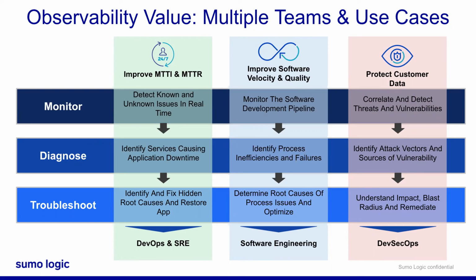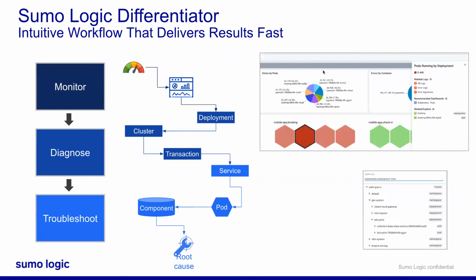So a little bit more about this. Oop, I keep clicking too quickly. There we go. Similar slide as the others, once again showing on the left-hand side of the screen monitoring, diagnosing, and troubleshooting. And in the center of the screen are the different tools within Sumo Logic that you might start to use as you drill down.